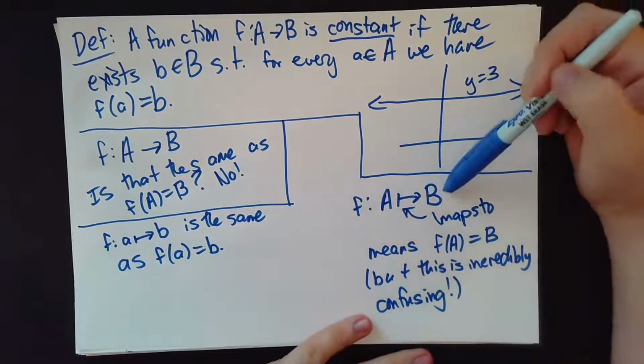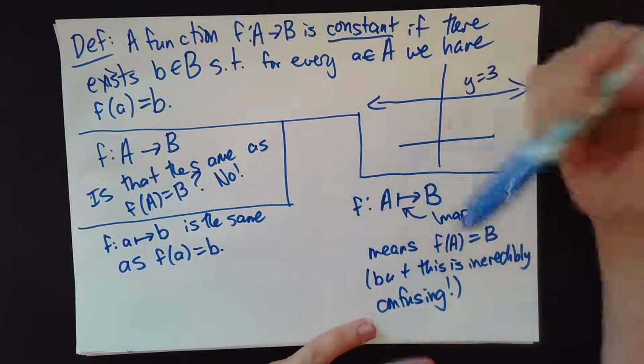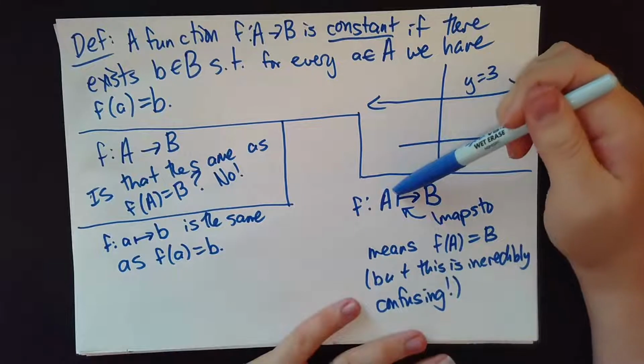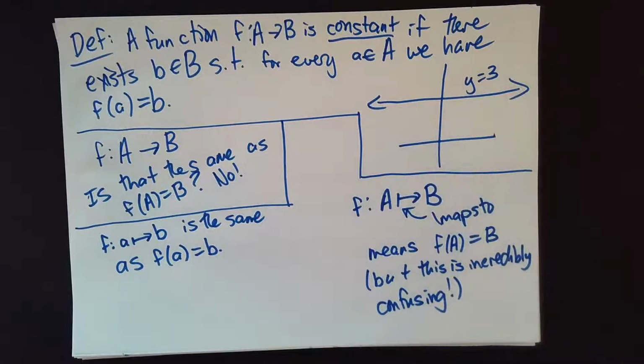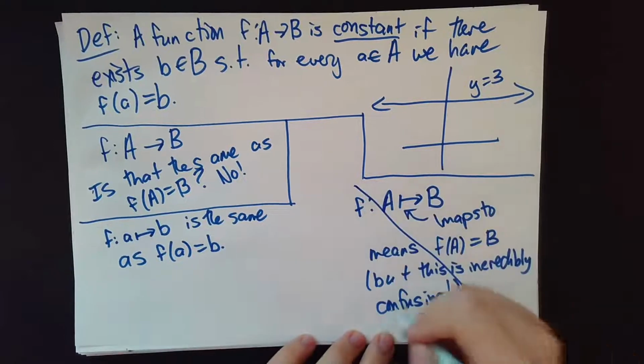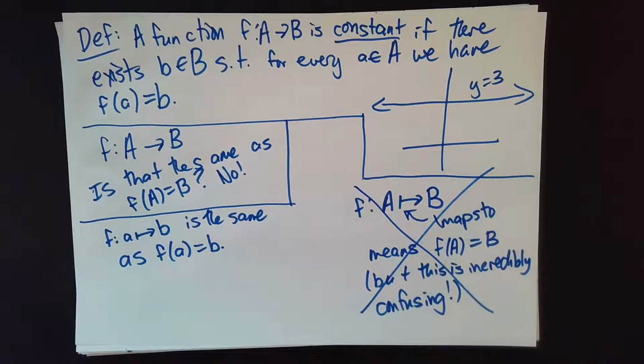Because what this is really saying is there's a function whose domain and codomain I have not necessarily specified, but whose domain contains the set A as an element, and whose codomain contains the set B as an element, and it takes the set A to the set B. So generally, I just don't write this.